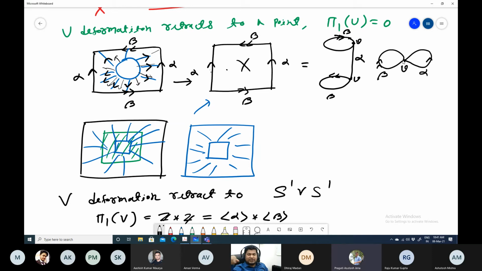Whenever you have 2 dimensions, then it matters how you identify in this direction, because inside points are there and you may need some self-intersection. But here it is 1 dimension, so it does not matter in which direction you are identifying. You can identify in this direction or in this direction as well.